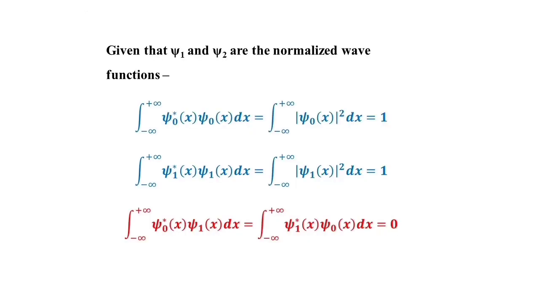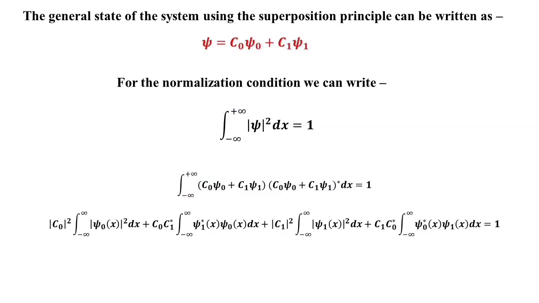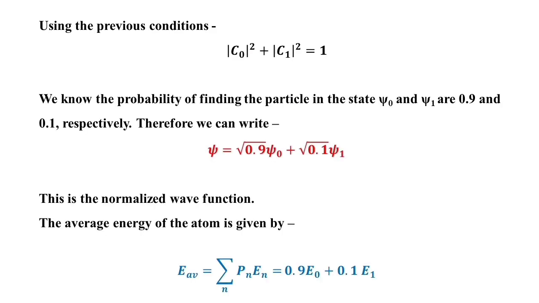Now from the normalization condition, psi naught and psi 1 are the normalized wave functions of the ground state and the first excited state, and we have the following 4 conditions which we have to use in the expression we have just obtained. If we put back the values of the integrals, the first and the third integrals are 1 and the other two are 0.